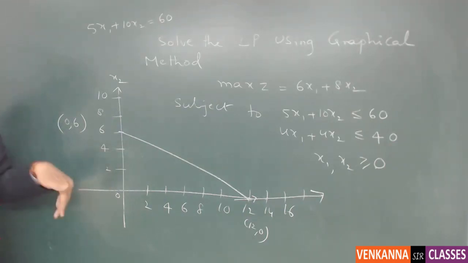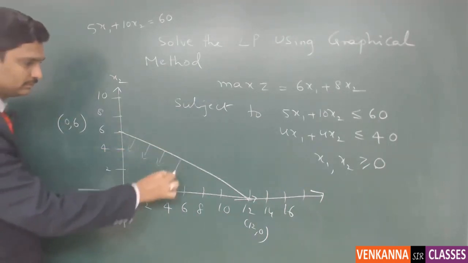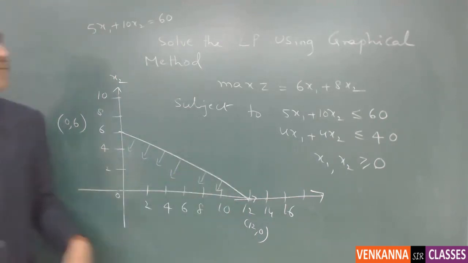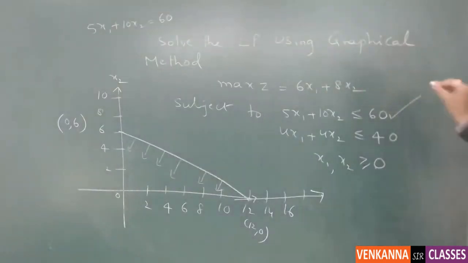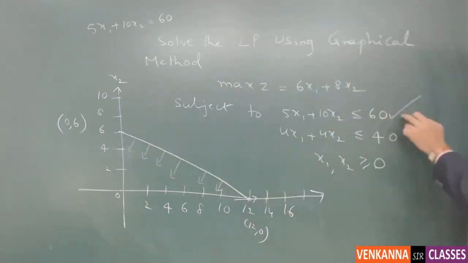So every point below this line satisfies this criteria. You can take any x1 and x2 below this line, they will satisfy 5x1 plus 10x2 less than or equal to 60.